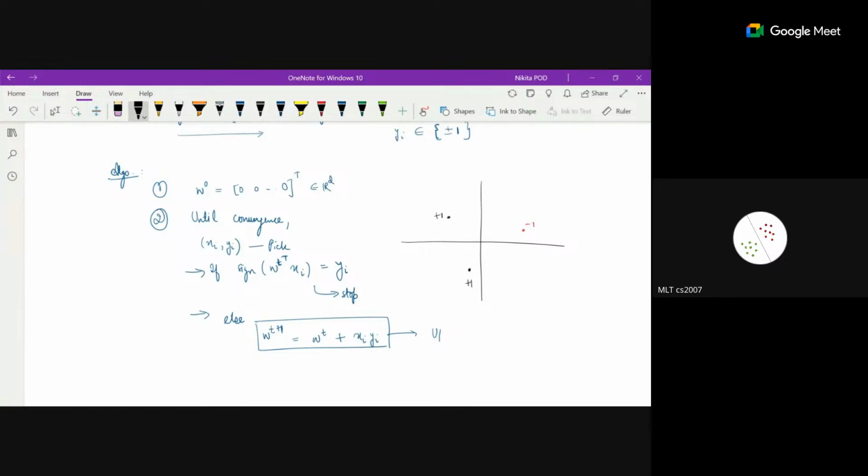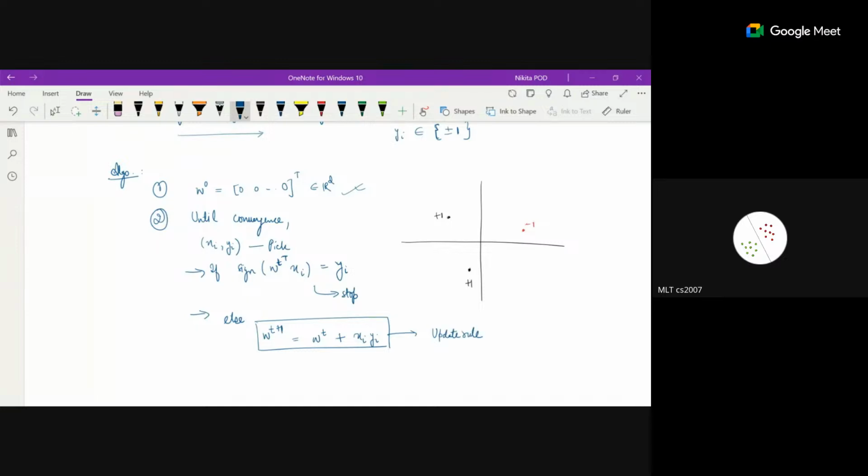I'm going to start with W, which is W naught. So my initial W is W naught, and I need to check, using this W naught, how many data points are correctly classified, and how many are not correctly classified, right? Whichever data point is not correctly classified, I'm going to use this update rule.